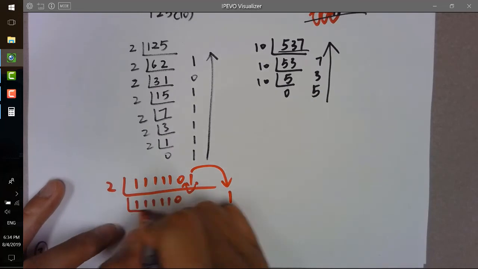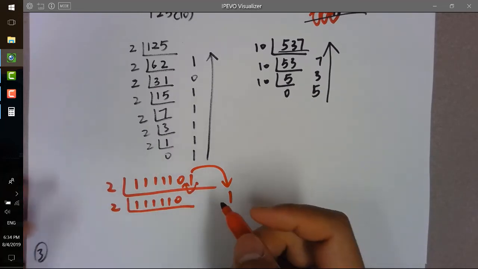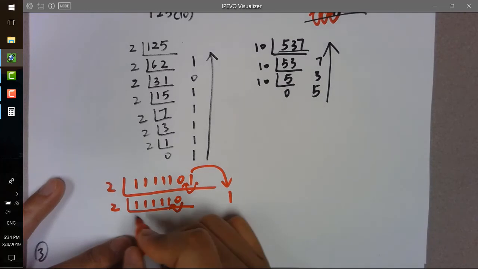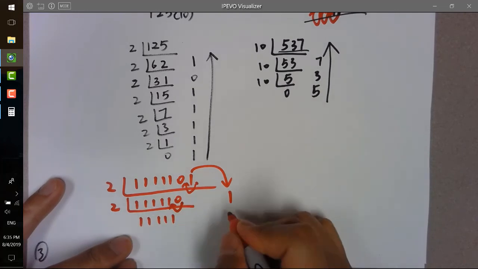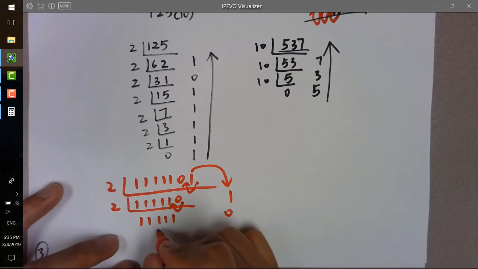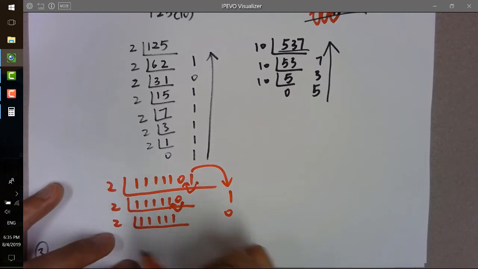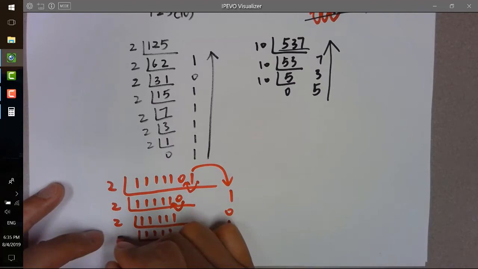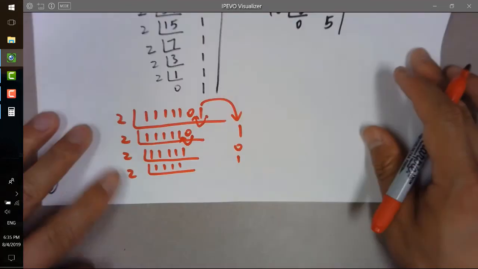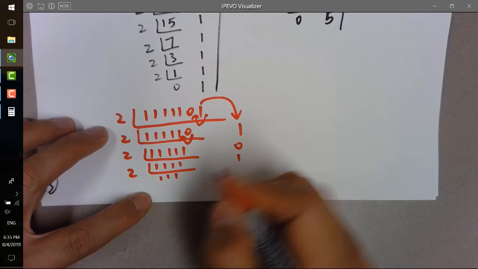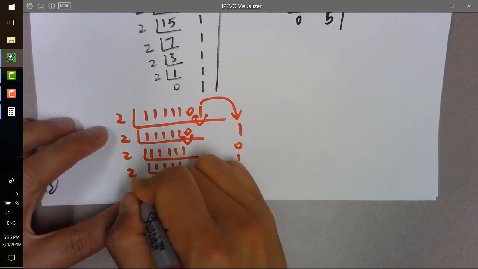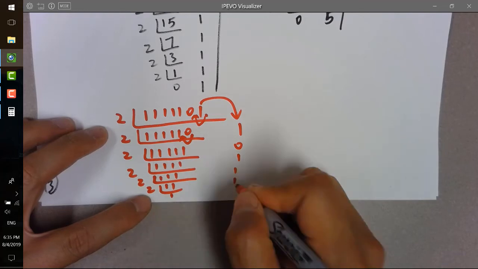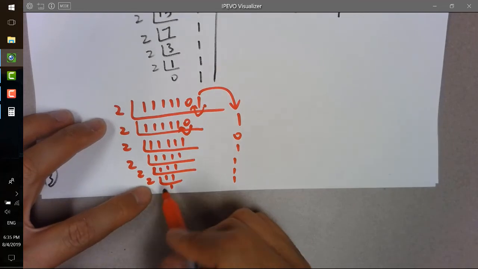And now you do it again. You are shifting that point to here one more time. So get this number, you get a 0. And you just keep doing that. And then you do it again here.